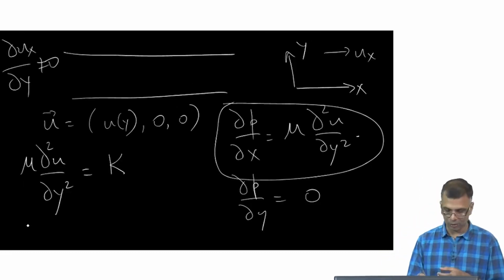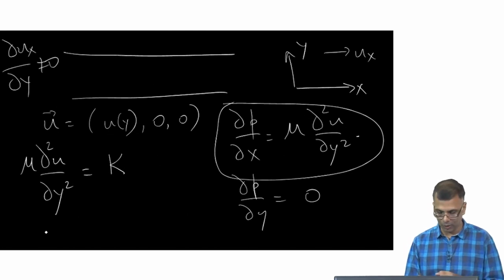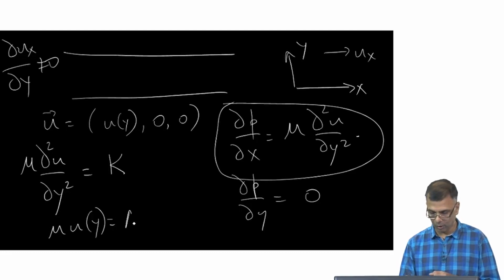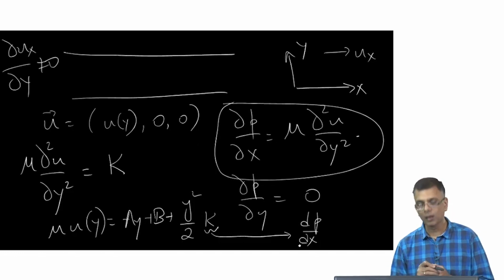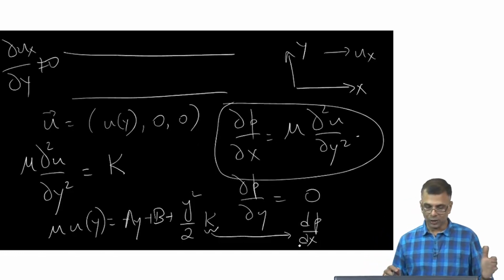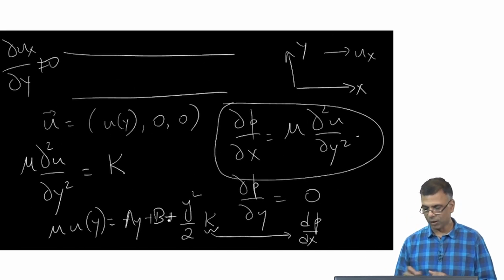This is a very simple equation to integrate, and in particular the solution would be something like u equal to ay plus b plus y squared over 2 times k, where this k is really the pressure gradient in the x direction. So this is a plus here. I beg your pardon for my handwriting.